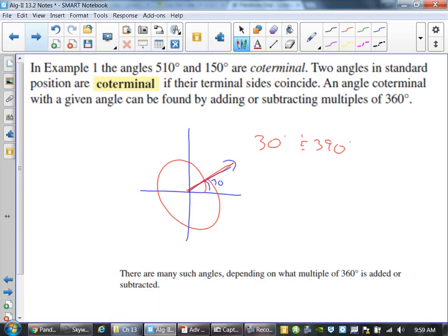It's just spun around them. Okay? You can have coterminal angles that are positive or negative, just depending on the direction. You think of it in terms of a positive coterminal, it was spun around. If I go the other direction, what would that angle be to wind up at 30 degrees again? Is it positive or negative? Negative, because I went the other direction.